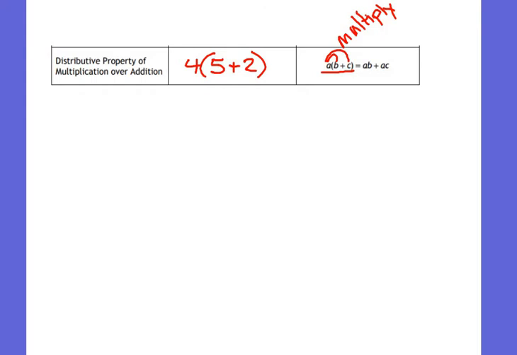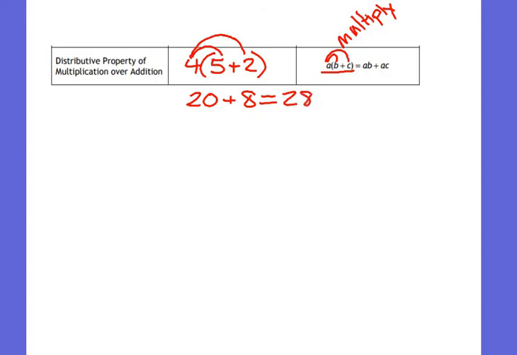I am going to just use the distributive property. That's where 4 gets multiplied by 5. What is 4 times 5? 20. Then 4 times the 2 is what? 8. Then that simplifies to 28.